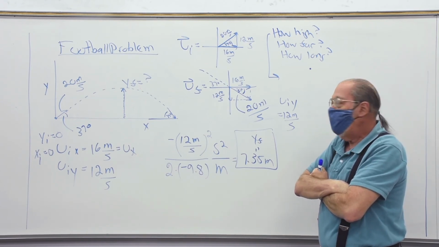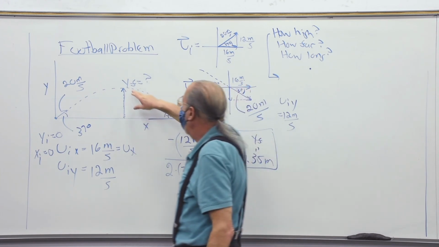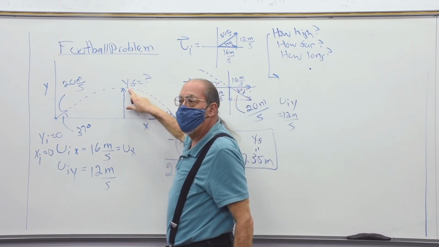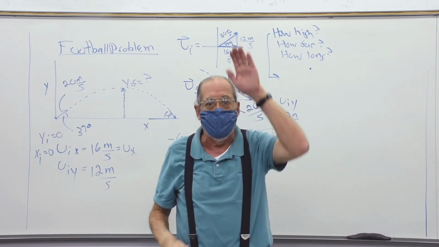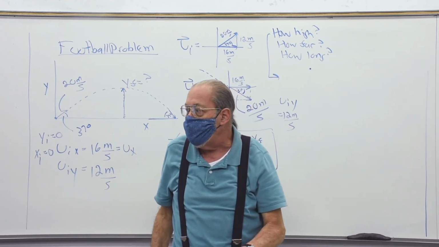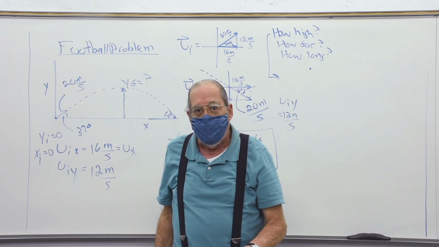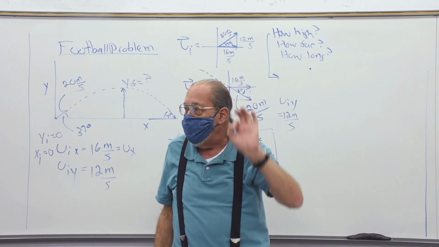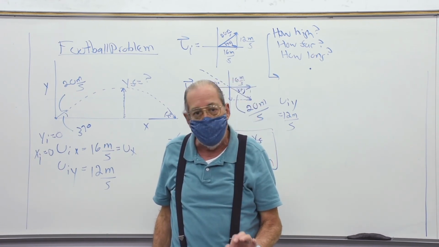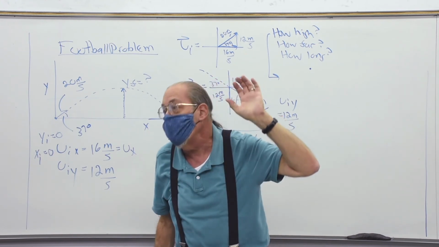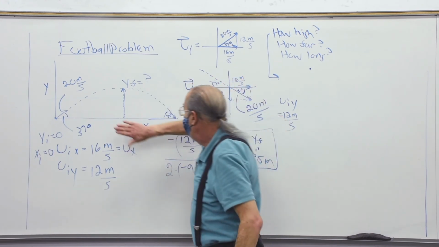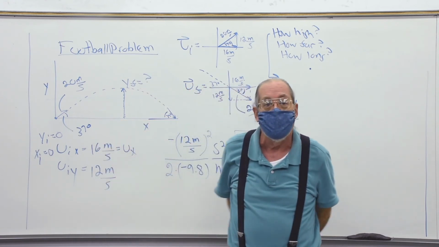Didn't we prove that if you throw an object upwards and it returns to its original position, the time for it to go up is the same as the time to fall back down? If we can find the time for it to go up and double it, that's how long it's in the air.